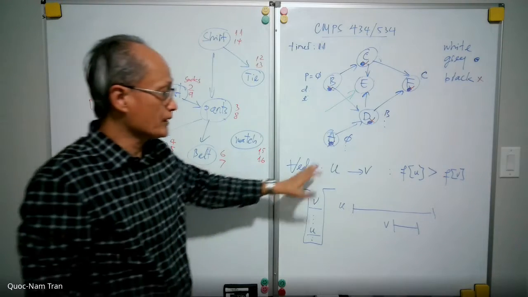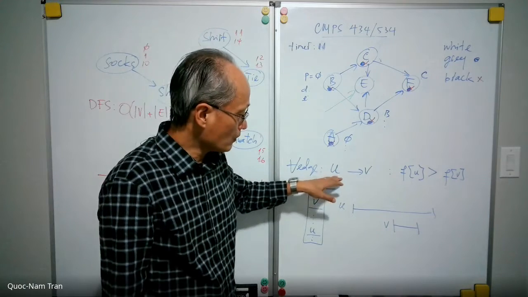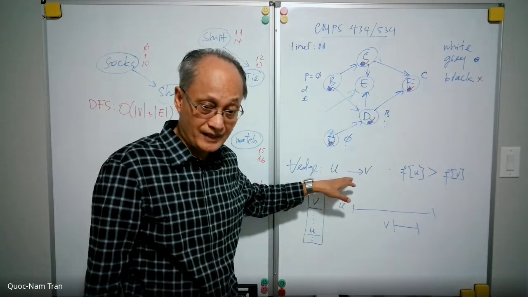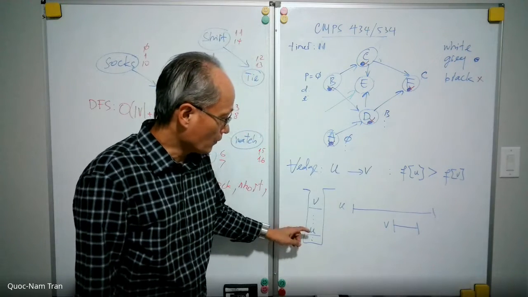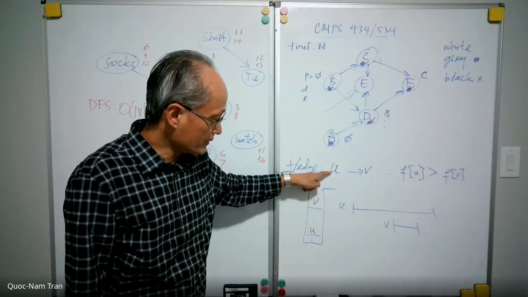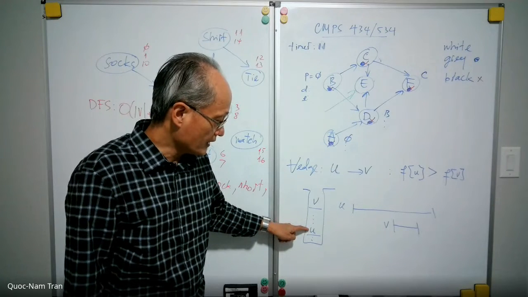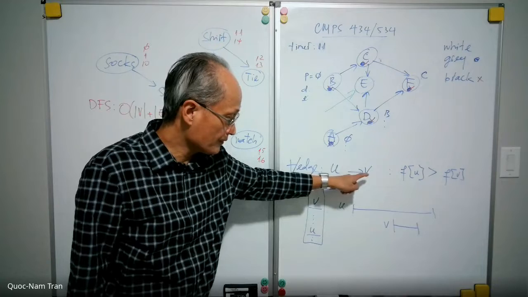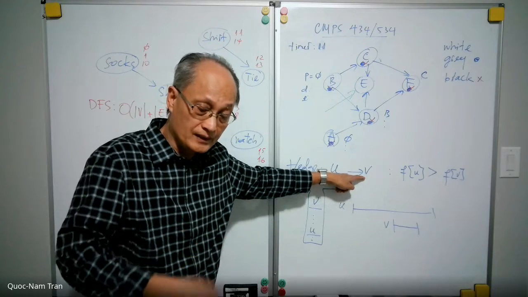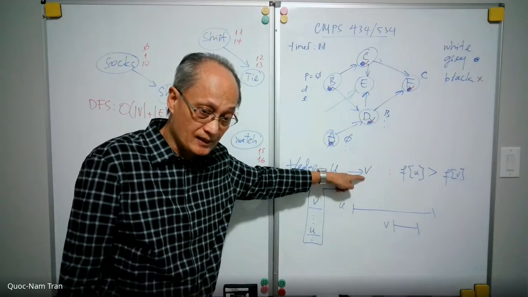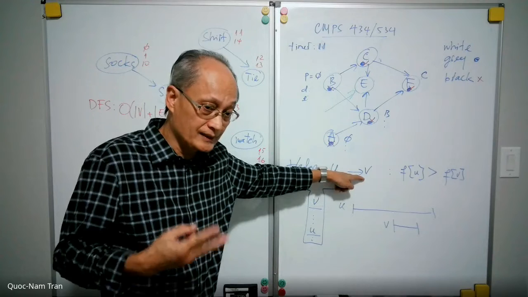So there are three possibilities once we touch the edge, right? The first thing was that when we touch u, we push it onto the stack, and now we have to consider all of the adjacent vertices. So we have v. There are three possibilities, actually.